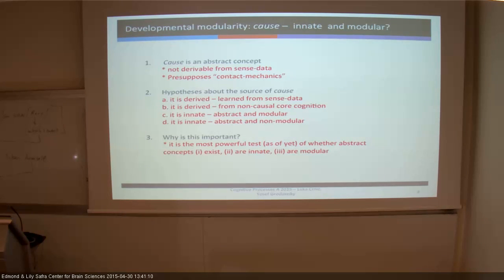Another is that it's not directly derived from sense data, but is concluded from some other aspects of cognition, so it's internally created, perhaps through an interaction with some sense data. Other positions would argue that it is innate and modular, and another position would be that it's innate but non-modular.